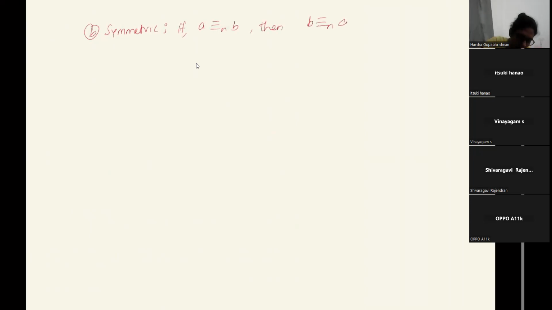We are taking A is related to B. That implies A minus B equals some kn. So we can write B minus A equals minus kn, right?